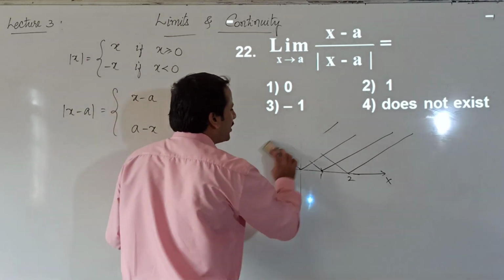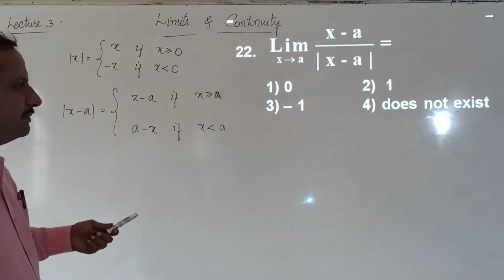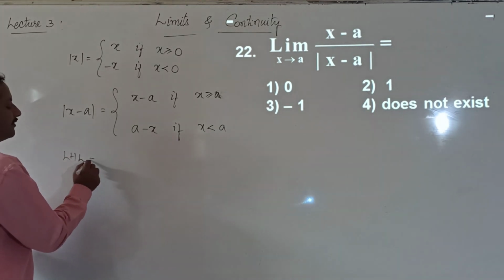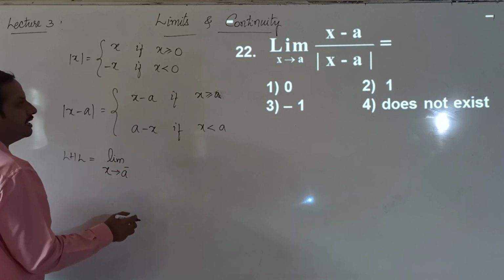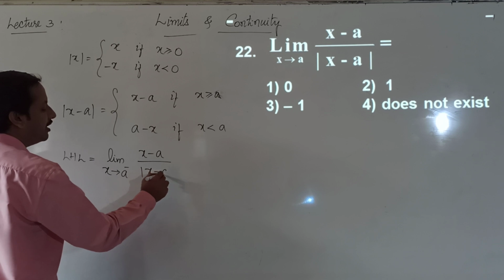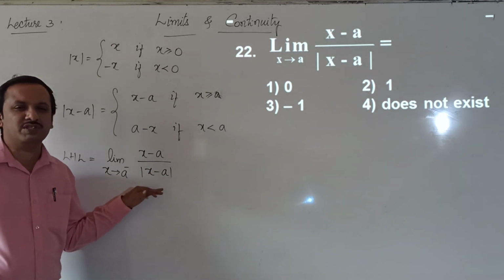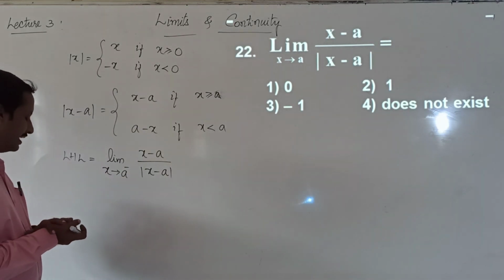Now coming back to this problem. By now you must have understood that the answer does not exist. Anyway, the left hand limit I will find out. Left hand limit means limit x tends to a minus f of x. F of x is x minus a divided by modulus of x minus a. X is approaching a from the left side. When x approaches a from the left side, x is less than a.